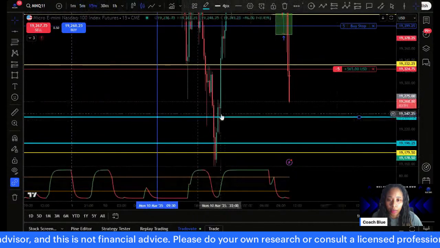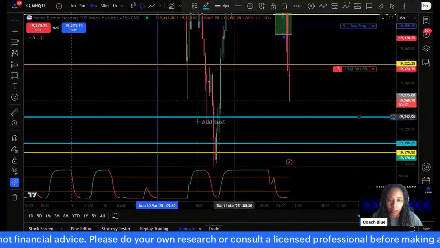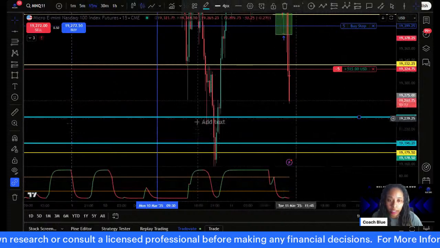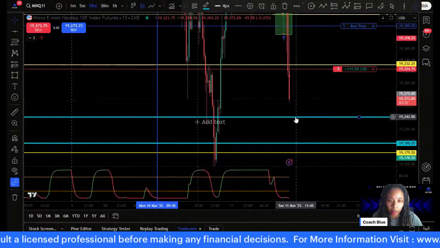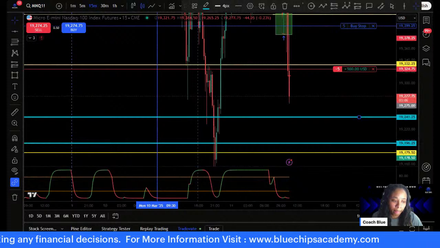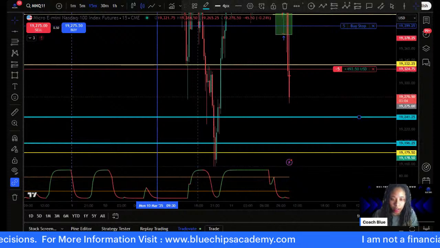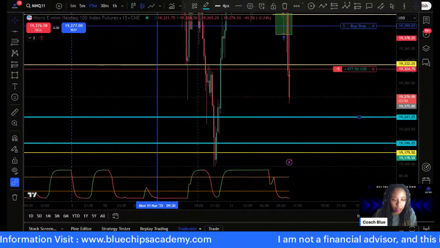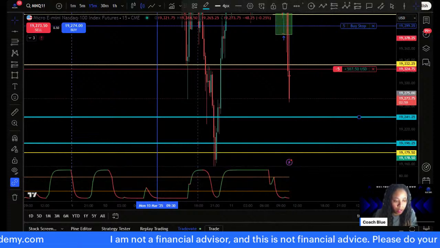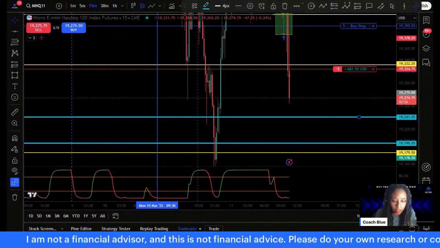That was just a small pullback on the 15-minute. So when price gets here, I would definitely at least break even. I'm going to put that in the chat. You can either break even or take profit at that level.